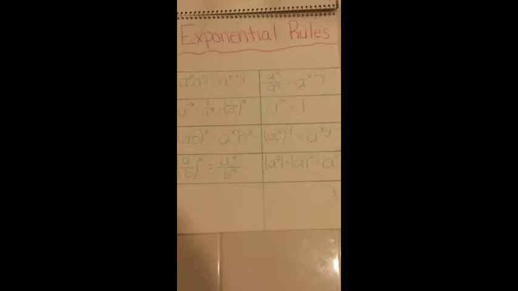A times b to the x power equals a to the x power times b to the x power. A to the x power to the y power equals a to the x times y power. A over b to the x power equals a to the x power over b to the x power. The absolute value of a squared equals a squared.